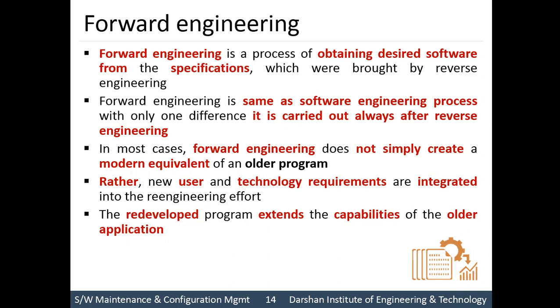The redeveloped program extends the capabilities of the older application. So we can say re-engineering is not just to redevelop the software as it is, but rather it extends many capabilities of the older application with new technology principles.